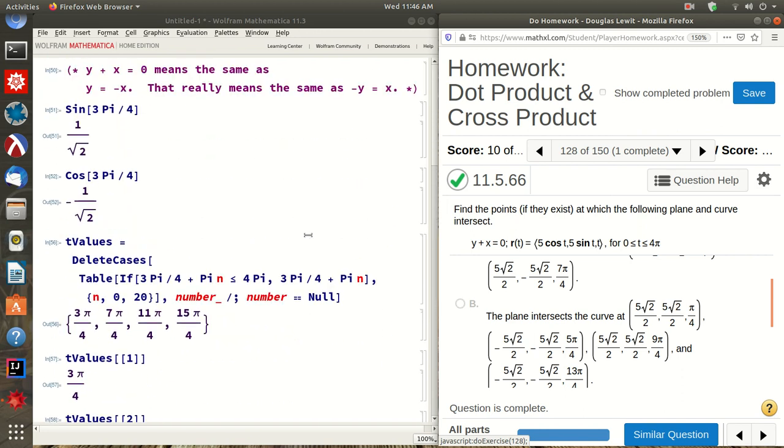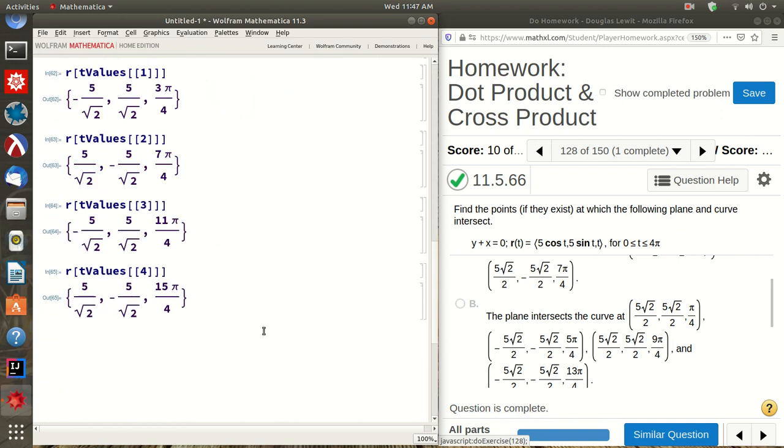So let me go over a few things with you, because I think we need to be very clear about many things. Okay, for example, what does delete cases do? There's a cases function, there's also a delete cases function, and they're very similar. They're basically opposites of each other.